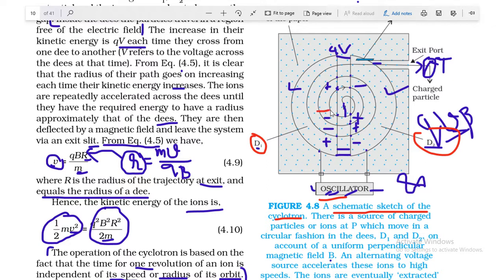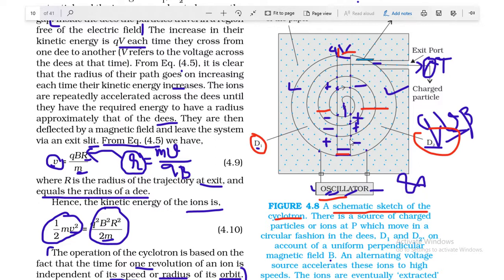So in this region and this region there is no electric field, so the electric field exists only in this region, in this part. This is the gap between these two D's, and if this potential difference is V, then the charged particle gains energy when it travels from one D to another D. It gains energy charge times potential difference.